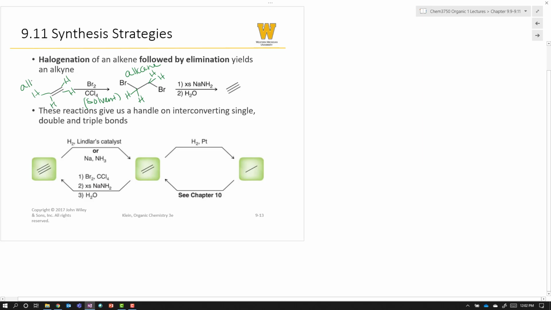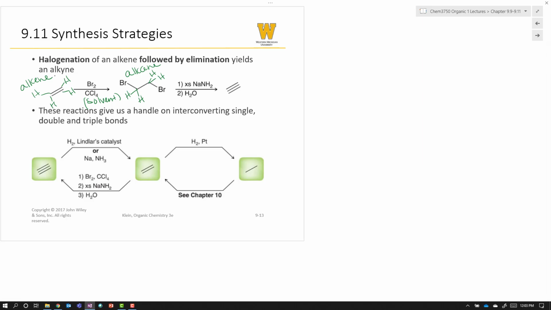So alkene to alkane, and then you're going to reduce it or do an elimination step in order to get it fully to the alkyne. And so this is using excess sodium amide and water, and that will get you to your alkyne. So these reactions do give us a handle on interconverting single, double, and triple bonds in this manner.